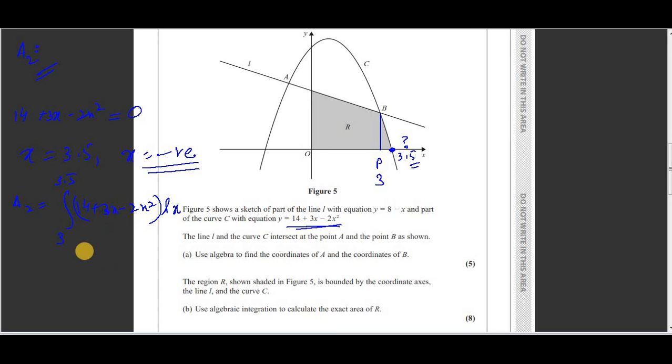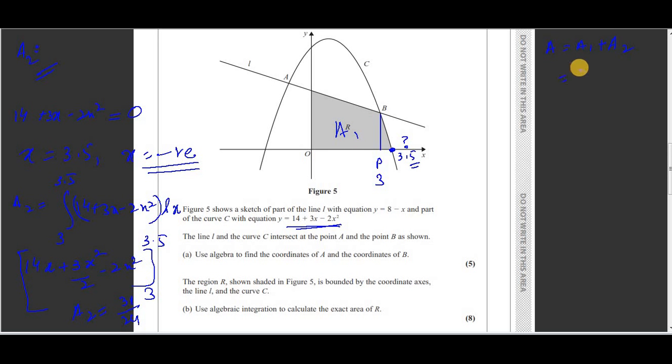So if you integrate this, A2 would be equal to 31 upon 24. This is your A2. Finally, your total area A is A1 plus A2.